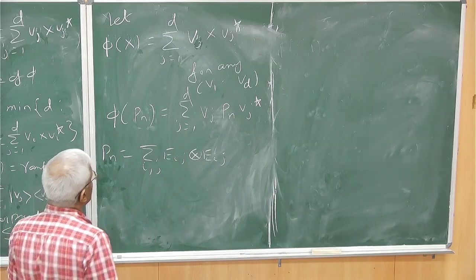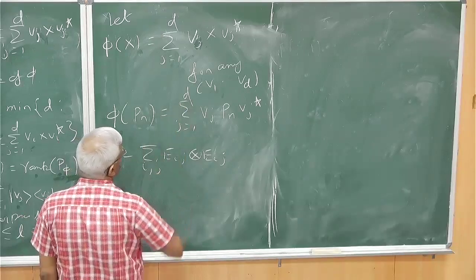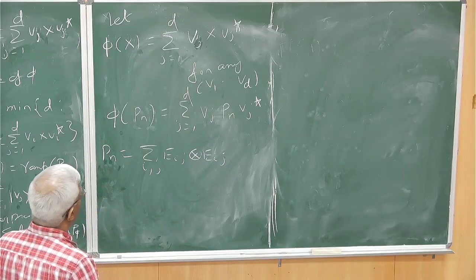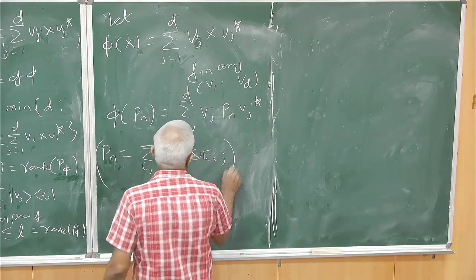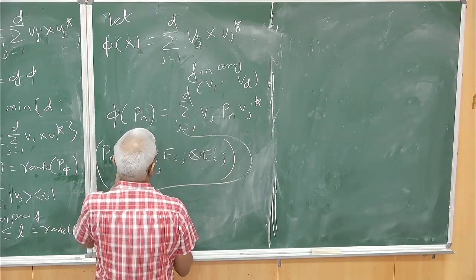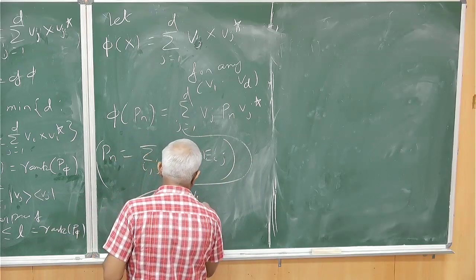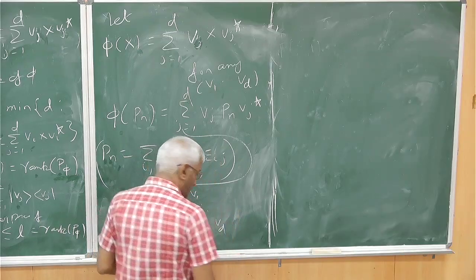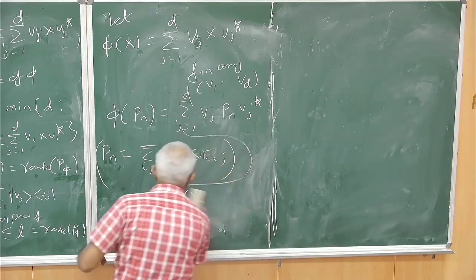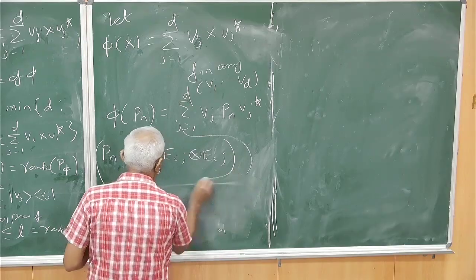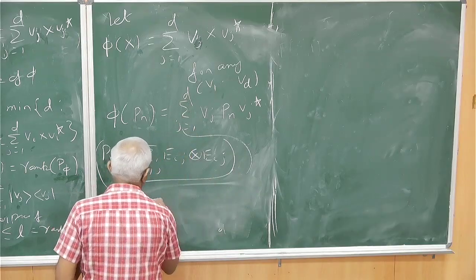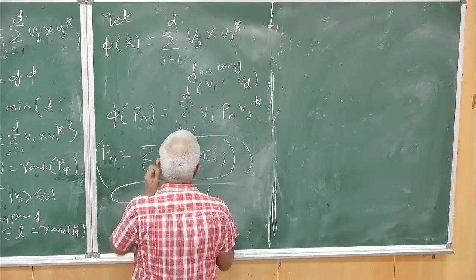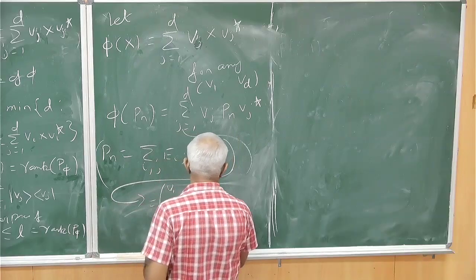Now we want to consider this d basically. Now this is exactly equal to v1 up to vd, the diagonal matrix, times Pn.